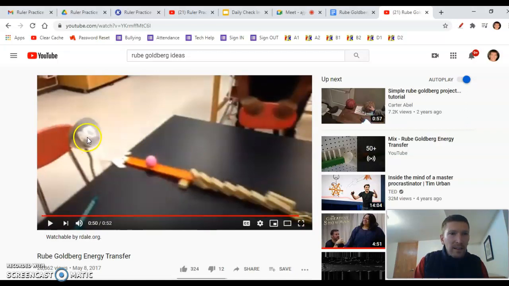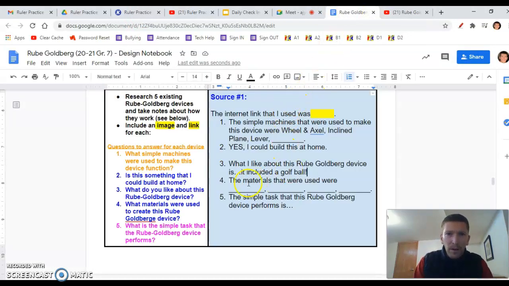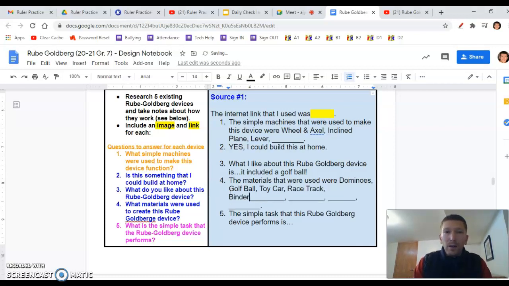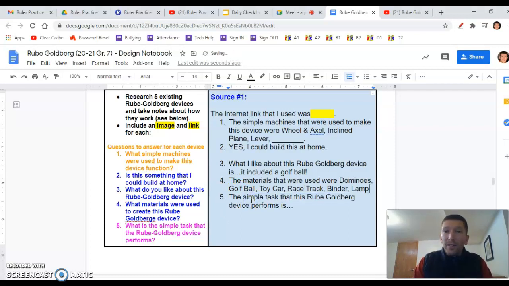And then I can see it's a lamp, and that's the ultimate goal. So of all those ideas, I'm going to write some of those down. The materials that were used were dominoes, golf ball, toy car, race track, binder, lamp. And if there were more, obviously you could add more. Those were the materials that were used.